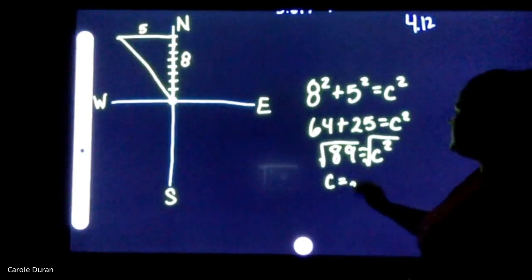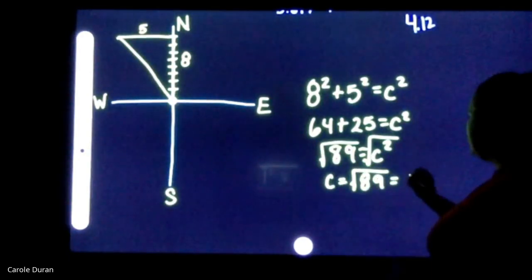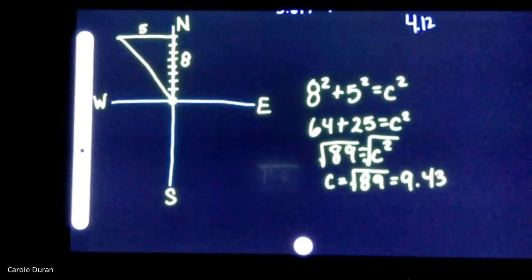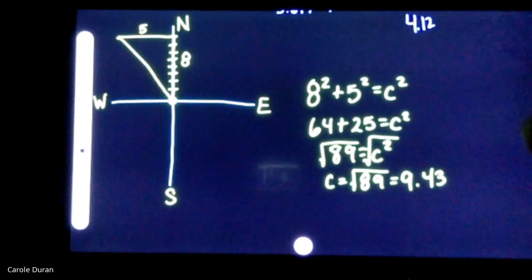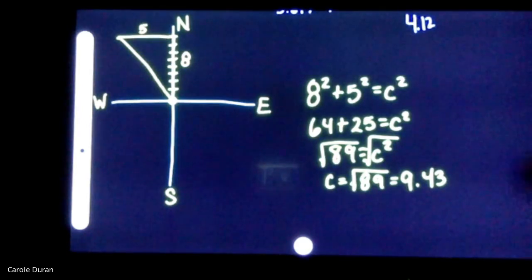And I get c is equal to the square root of 89, which is approximately 9.43 units. So if she stopped 8 miles north and 5 miles west, it would take her approximately 9.43 miles at the shortest to get back to where she started.